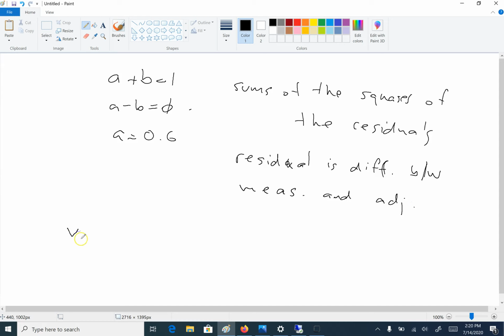That is, generically, if we represent V as a residual, then the residual of the first equation squared, plus the residual of the second equation squared, plus the residual of the third equation squared, sum them all up, and that will be minimized.